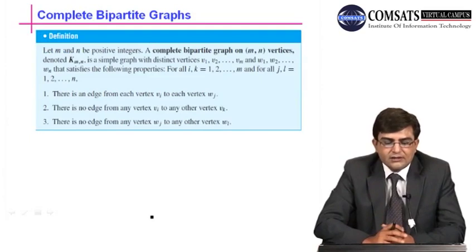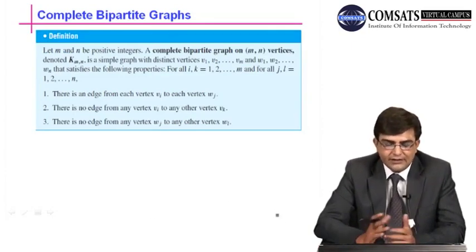Next is what are complete bipartite graphs. Let m and n be any 2 positive integers, 2, 3, 5, anything.